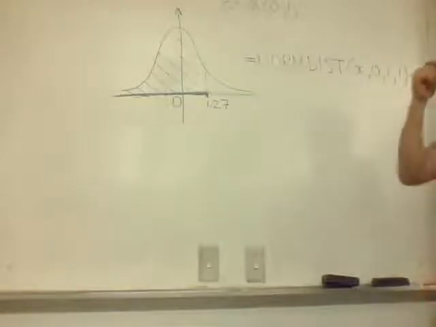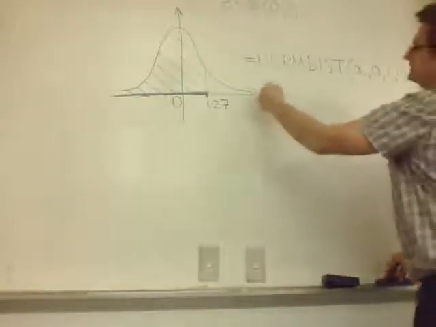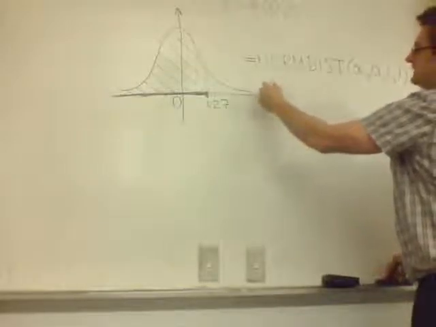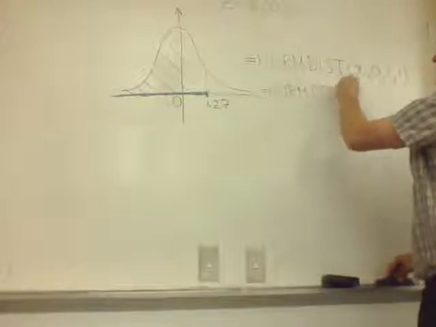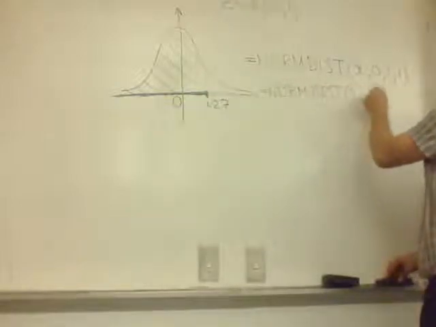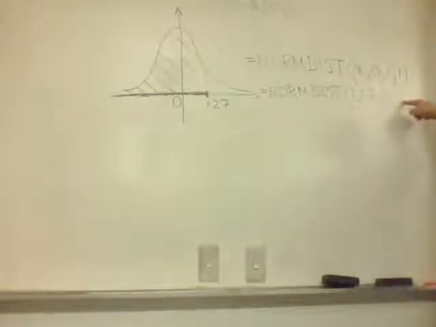All right, so in our case we are going to have norm.dist of 1.27, 0, 1, so mean 0, standard deviation 1, and this one says yes, cumulative.